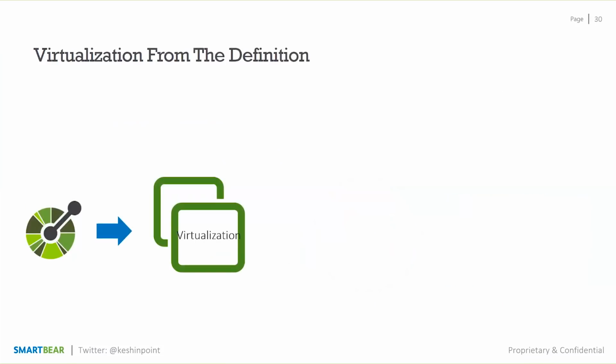As I alluded to, from the definition itself, you can virtualize all the different operations and the data points which your definition specifies, from which your internal stakeholders, like your developers and your testers, can start understanding what the API does and start working on their different job functions.